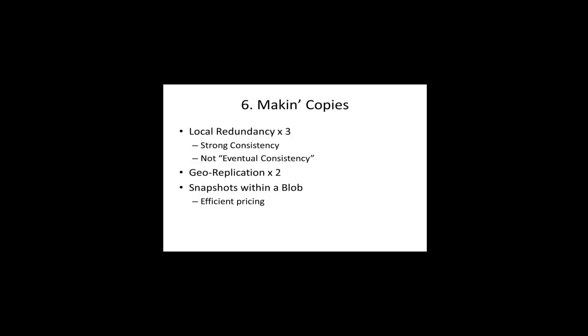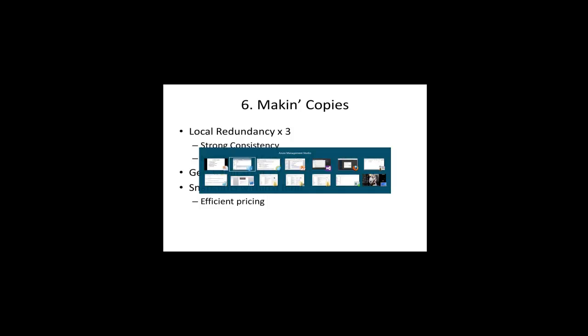So if you have a blob that has, say, 100 of these chunks in it, and the change delta was only in 2 of the chunks, then you would only pay for the pricing difference in those 2 chunks. So since, for example, I just made 2 replicas of this that are identical because I didn't actually make any changes to them, I shouldn't be paying anything extra for these because there are no differences.